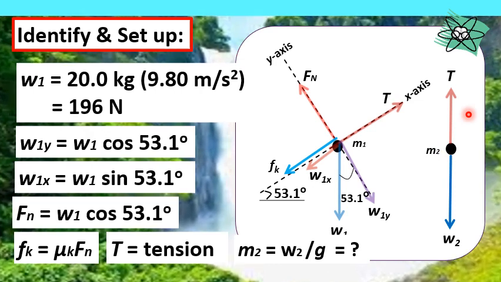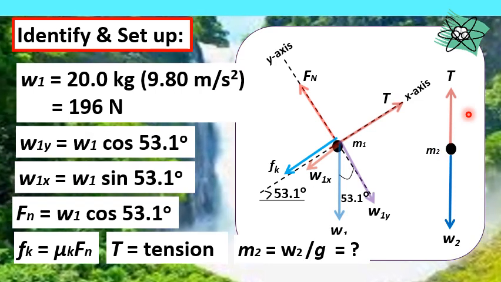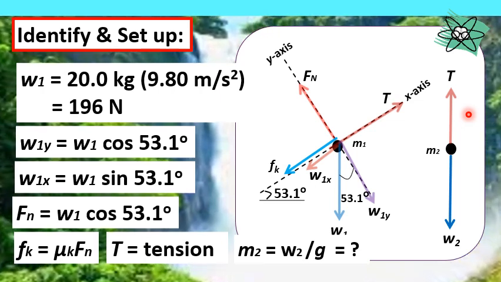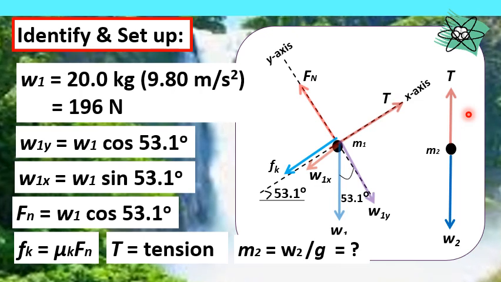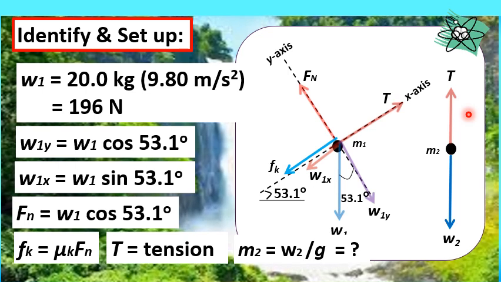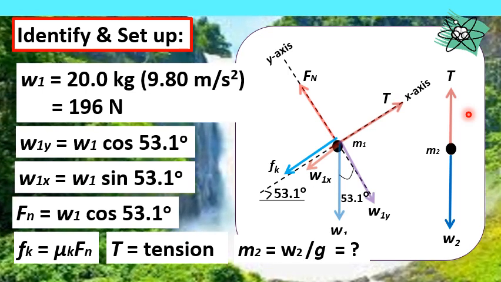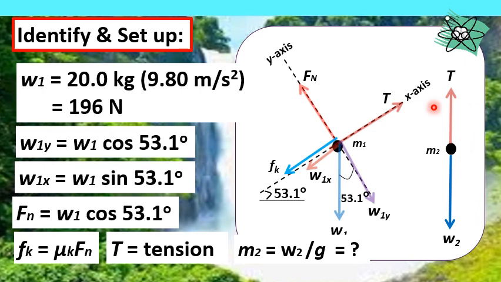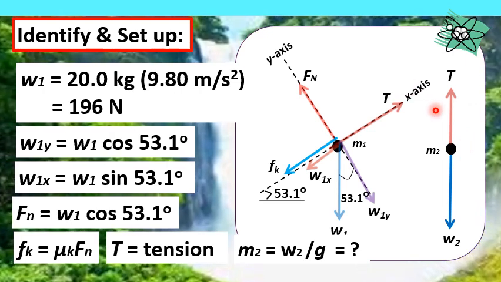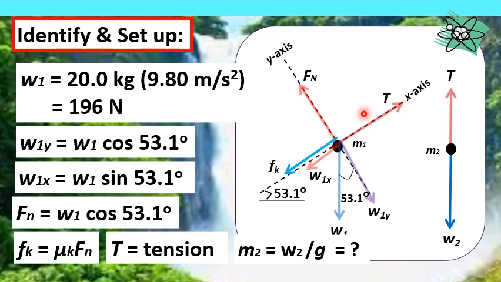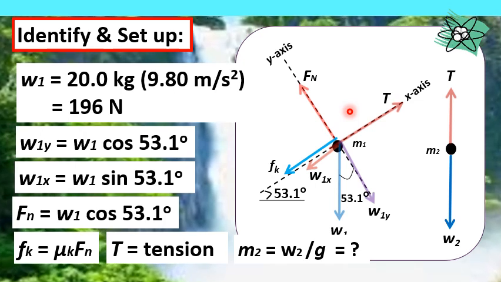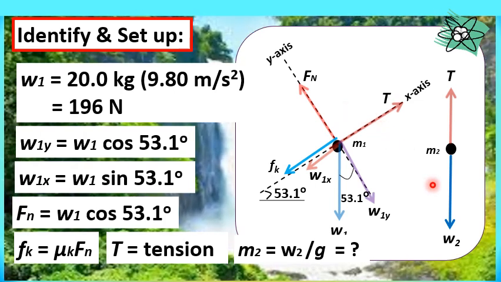And by virtue of Newton's third law, the law of interaction, if the mass M2 is pulling the rope down, the rope must also be pulling M2 with equal but opposite force directed upward. And this tension force is what pulls M1 up the incline, and the same tension force that pulls M2 upward.